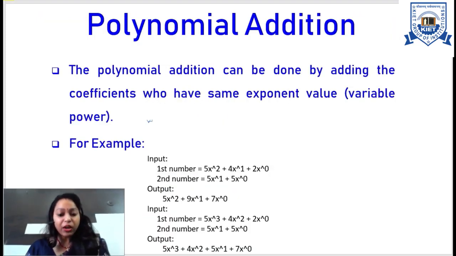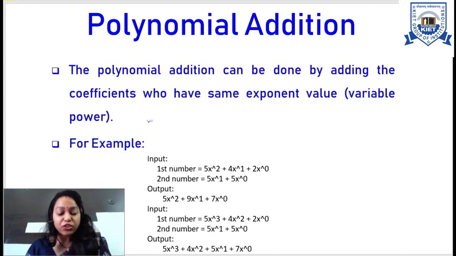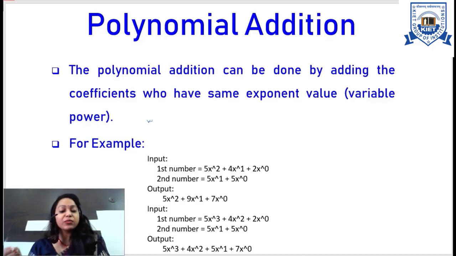Now when we are having two polynomial equations, how are we performing the addition? We are adding the coefficient terms of both the equations if the exponents of both the equations are the same, and if the exponent parts are not the same, then the coefficient and exponent part of that particular term is added as it is in the resultant polynomial.